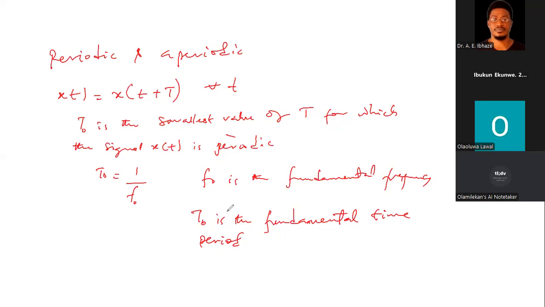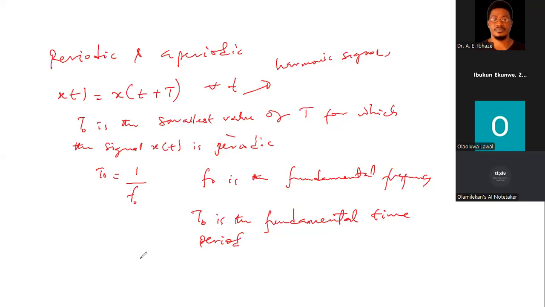I understand your concern, but this will become even more interesting when we talk about harmonic signals, okay? Where we have signals repeating at a certain value of the fundamental time period. So when we get to Fourier series and all of that, we are going to come into this. When we do filtering, what are we trying to do? We are trying to eliminate some other frequency component of that signal.